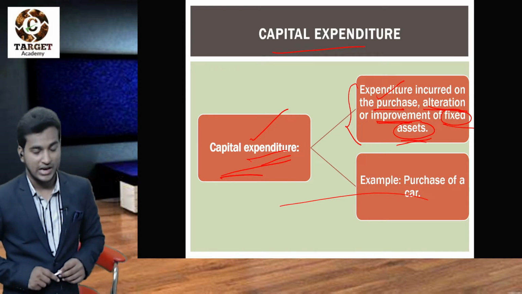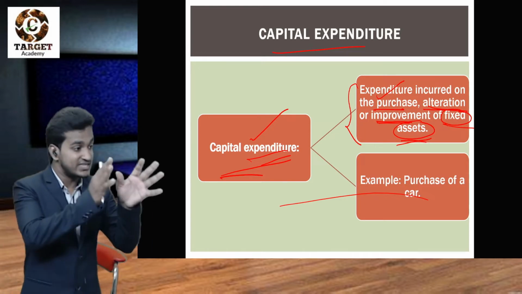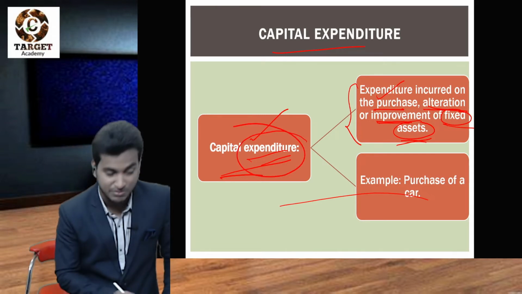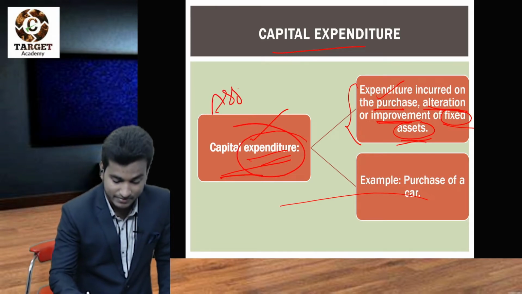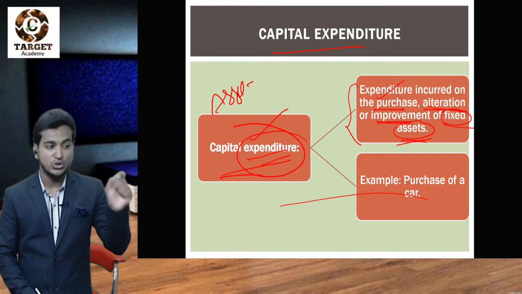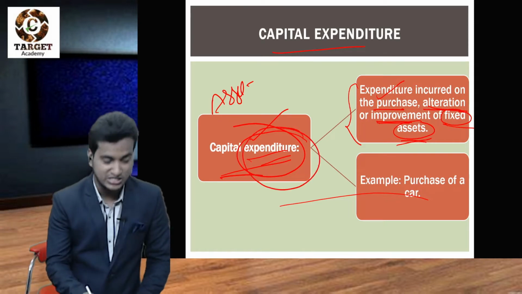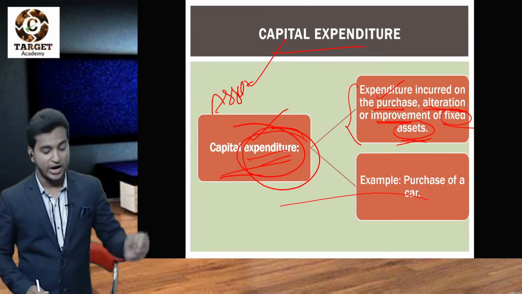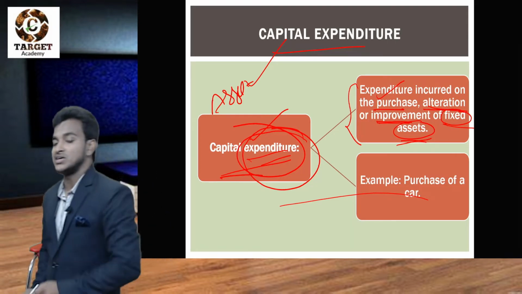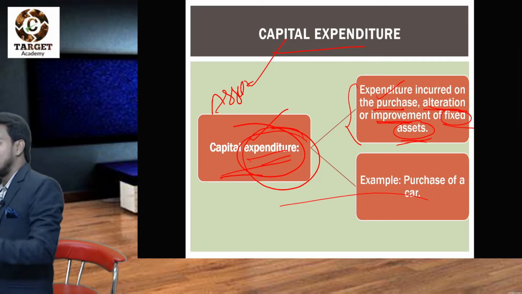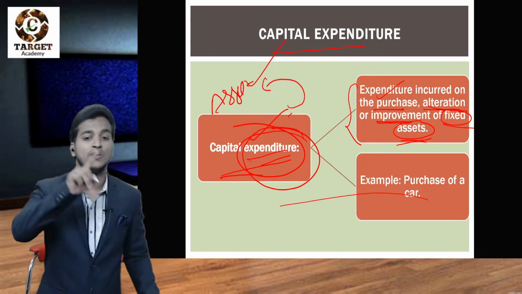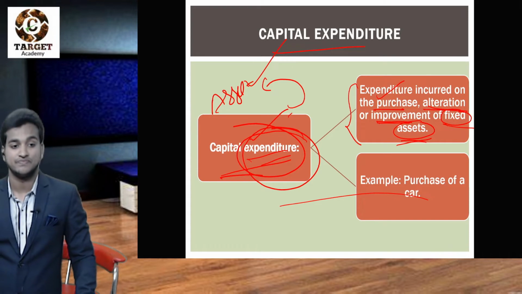Capital expenditure is nothing but an asset, not an expenditure. Even though it looks like an expenditure, in fact it is not an expenditure, it is an asset. Because we are purchasing an asset, altering an asset, improving the asset quality, that is capital expenditure. That means this is an asset, not an expenditure.